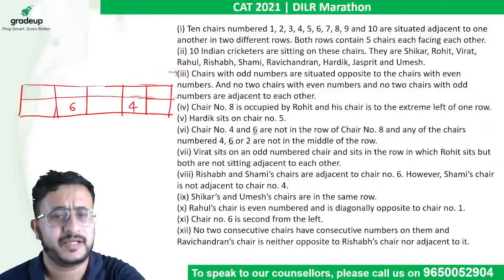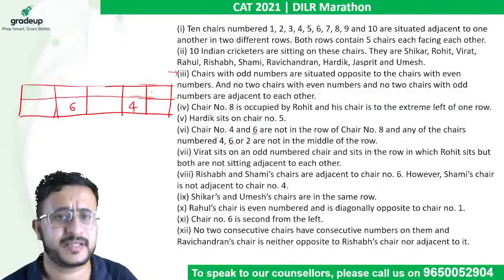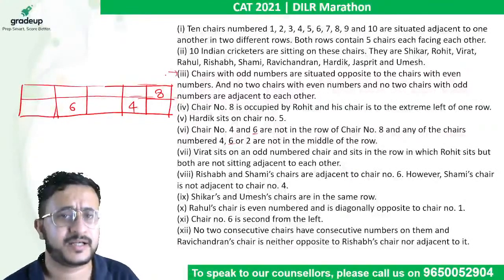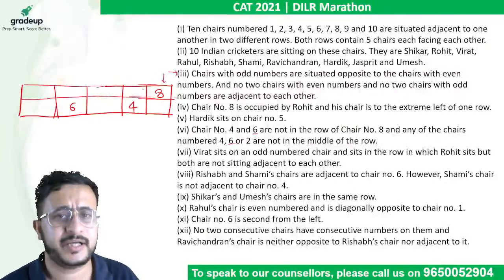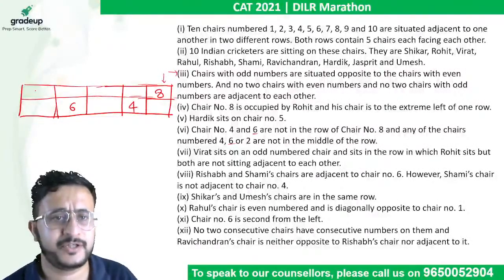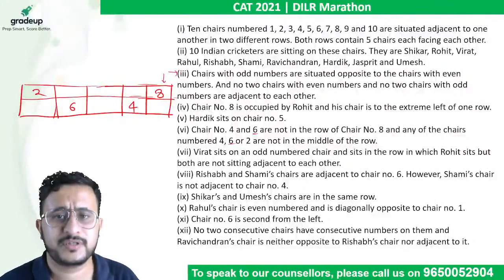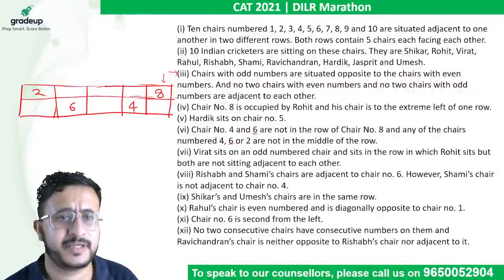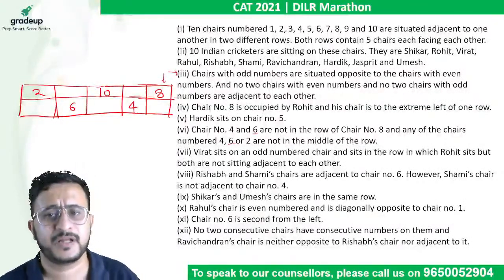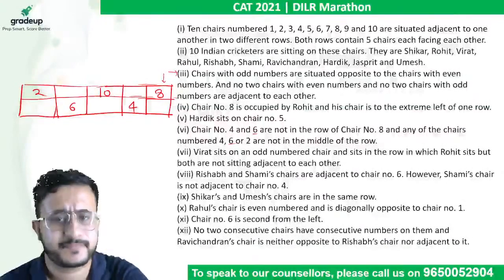So 8 is on the extreme end, that means extreme left will be this side. अगर आप यहाँ से देखोगे, so this is the left end, this is the right end. So 8 is on the extreme end and 2 will be here because 2 is not in the middle of the row, right? So 2 will be here and this will be chair number 10.